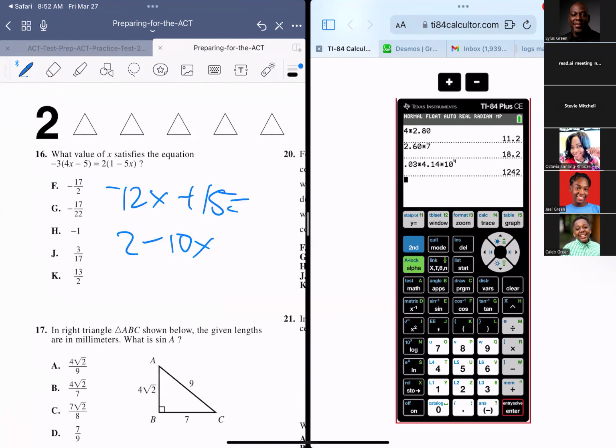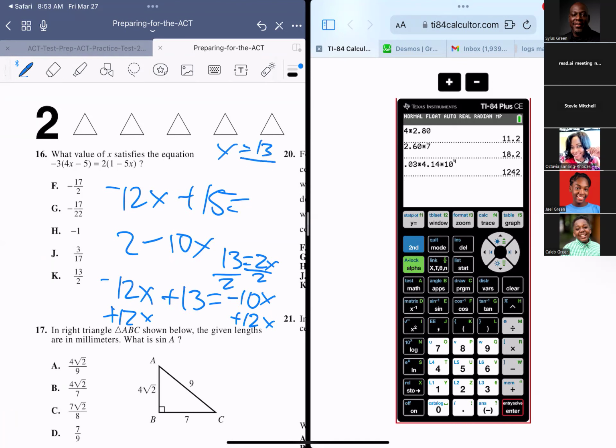We're going to subtract 2 on both sides. Negative 12x plus 13 equals negative 10x. And then if you add 12x on both sides, you get 13 equals 2x. And if you divide by 2 on both sides, you get x equals 13 over 2.